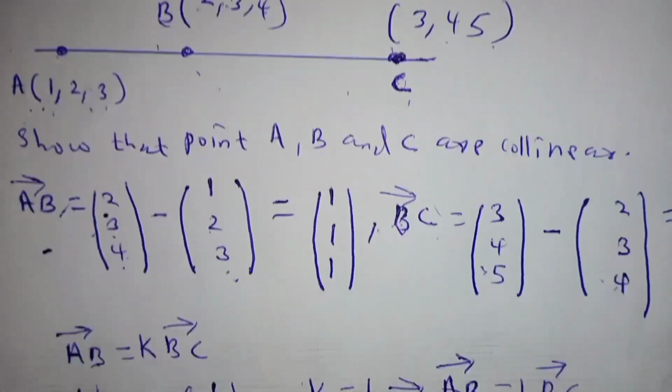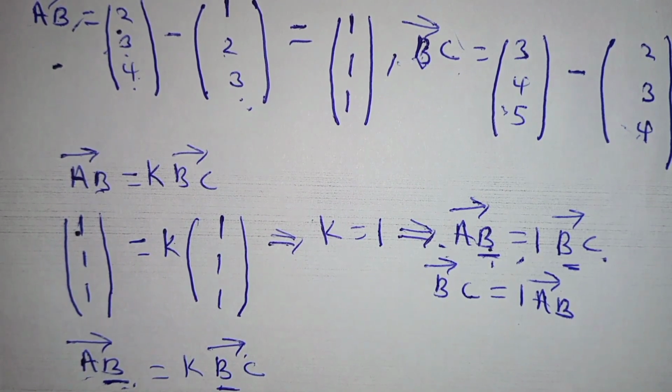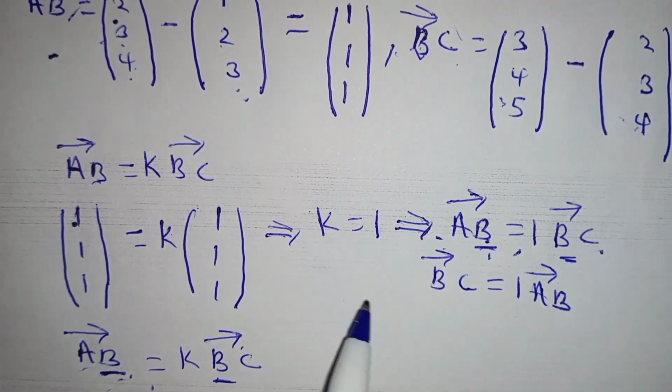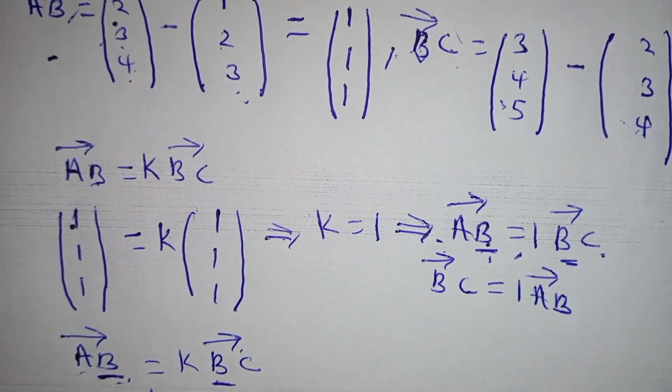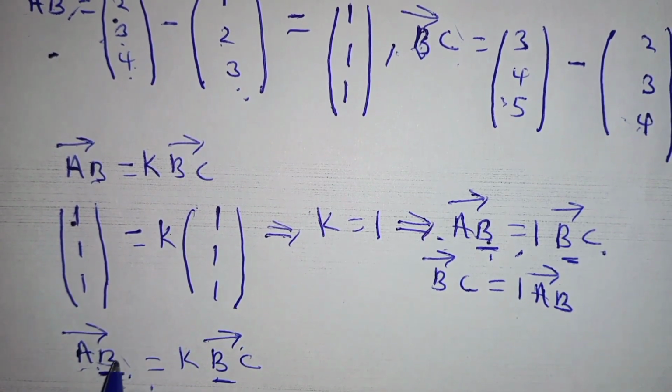Once you have done that, you express your vector in the form of a scalar multiple of the other. Once you do that, you obtain the value of K. After obtaining the value of K, you see whether they share a common point. In our case, B is a common point.